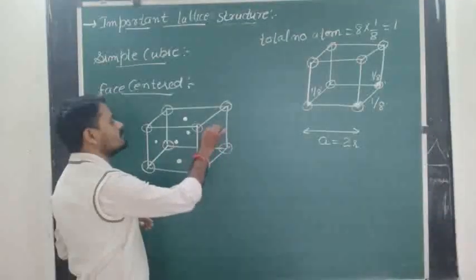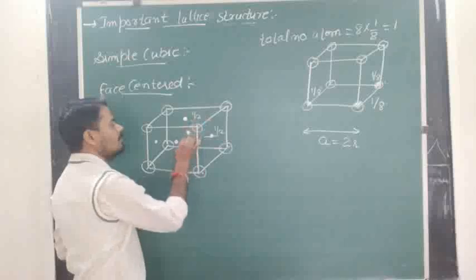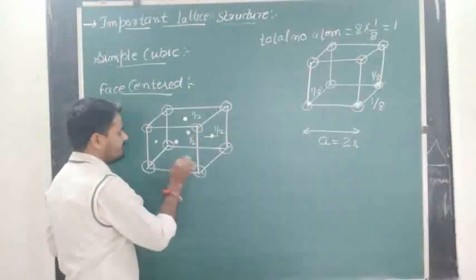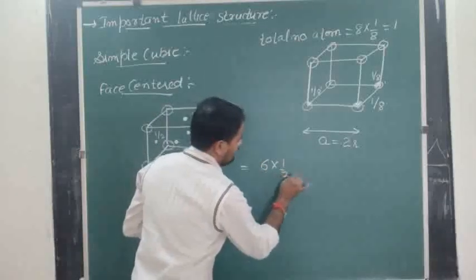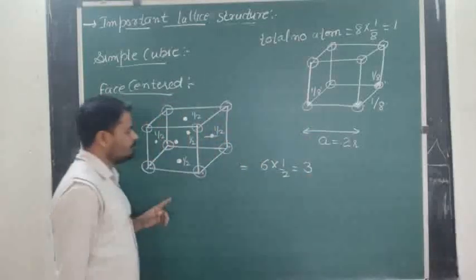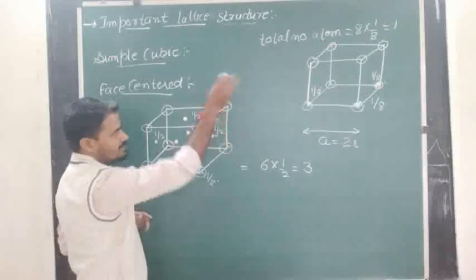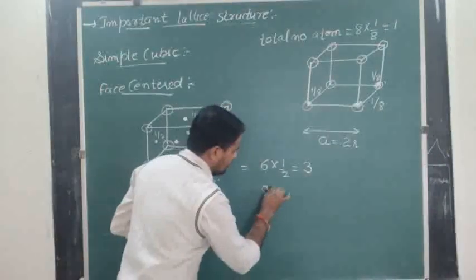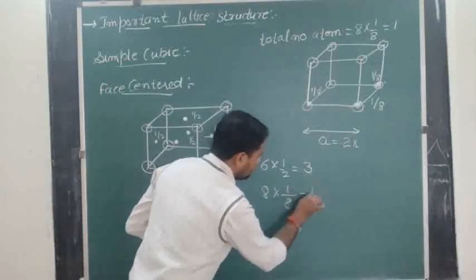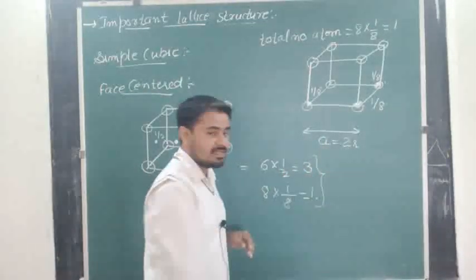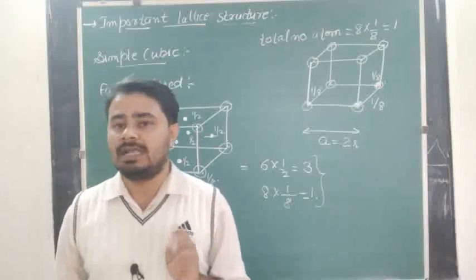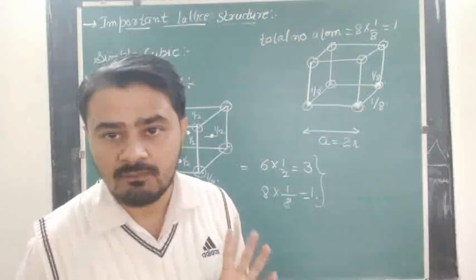If this contribution is half and the total number of face atoms is 6, then 6 into 1/2 is equal to 3, and due to corners, as we have done already, 8 into 1/8 equals 1. Meaning the total number of atoms in a face-centered cubic lattice will be equal to 4.